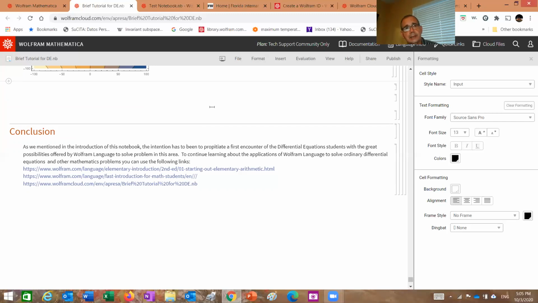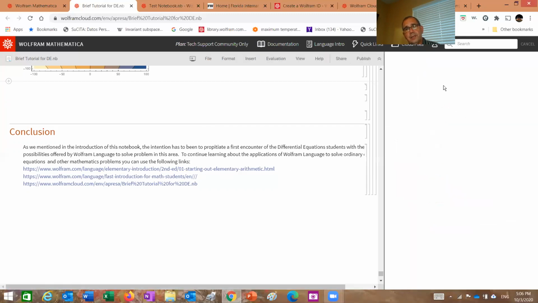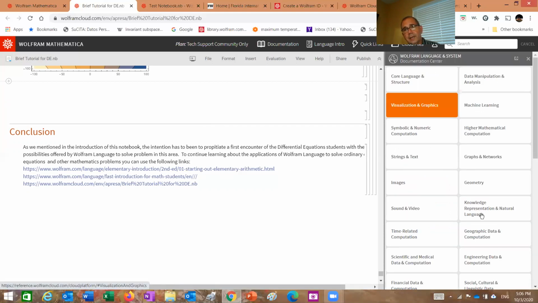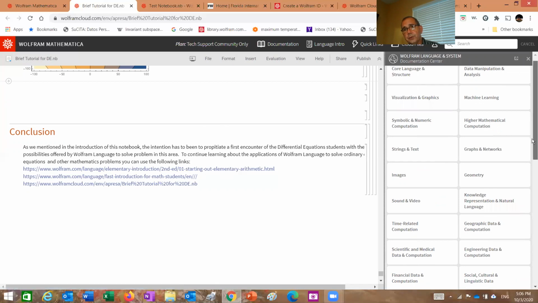You can use these links. These are parts that you can also find directly using the documentation. If you go to the documentation, you find many of these things here. And then you can learn a lot about how to use Wolfram Language.